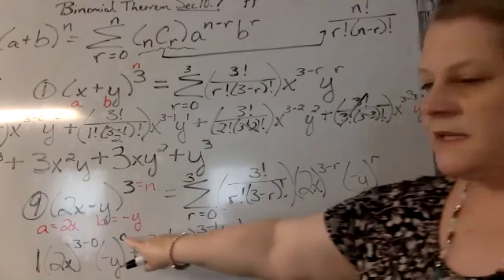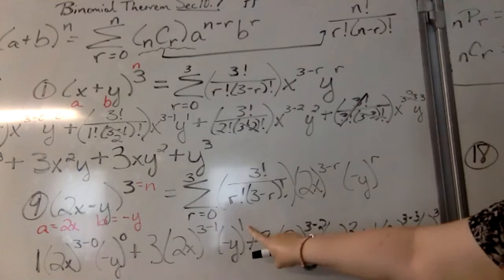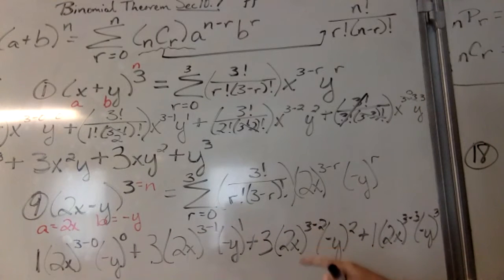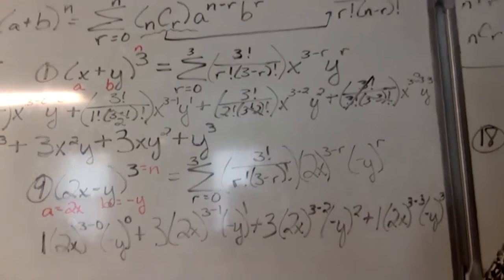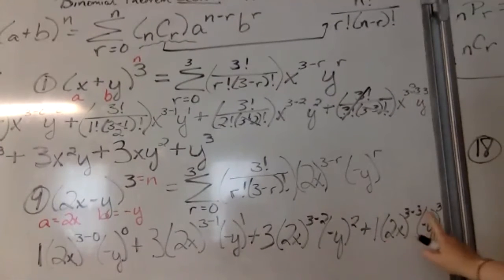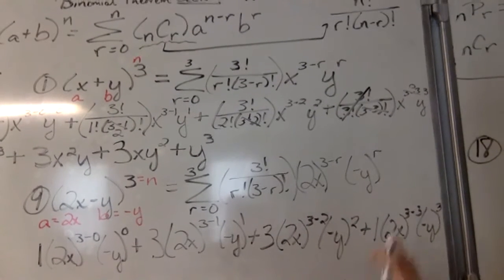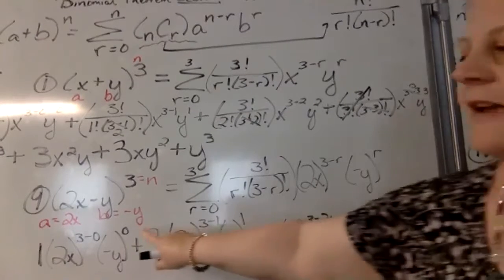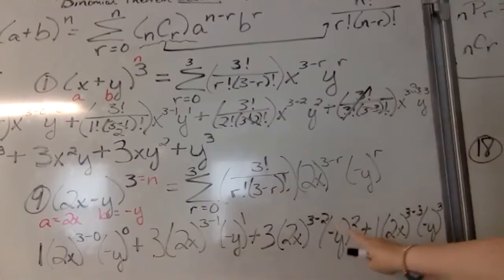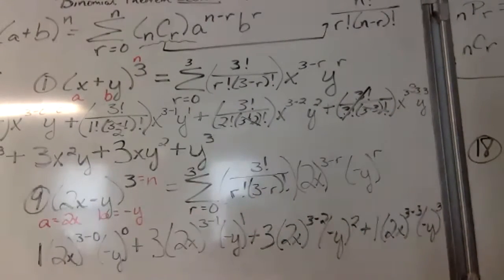So r is 0, r is 1, r is 2, and r was 3. Okay, and now we just simplify it.